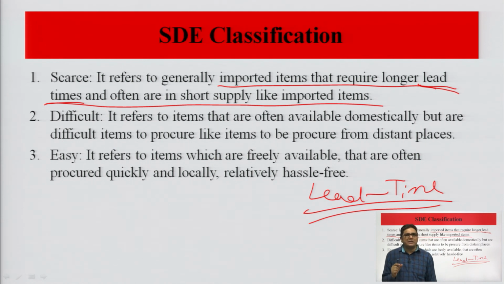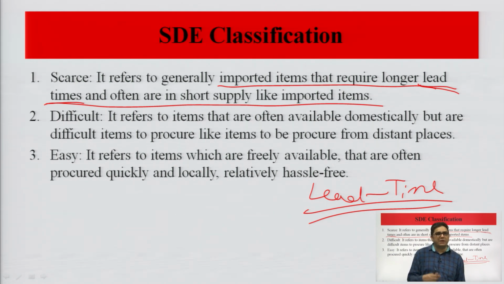So if the lead time is short, you need not keep much inventory, and these items may not be classified as difficult or scarce. But if the lead time is very high and it takes much time from placing the order until the goods reach you, then it is classified as scarce.